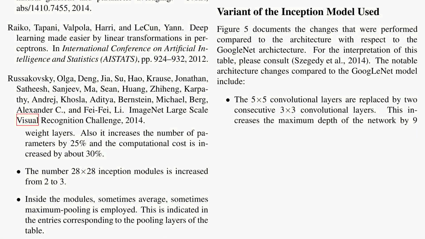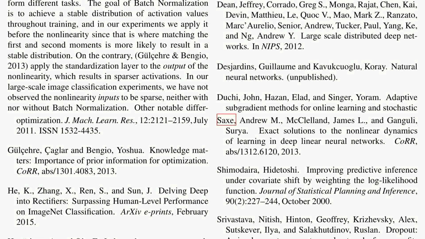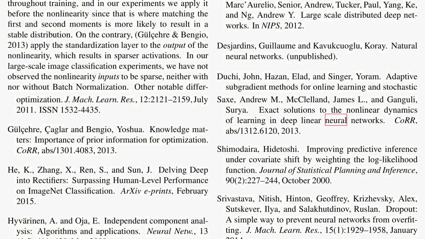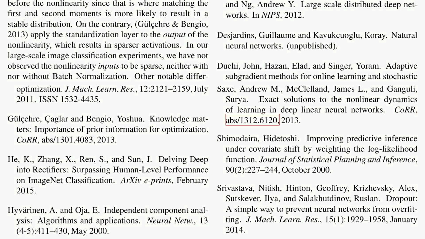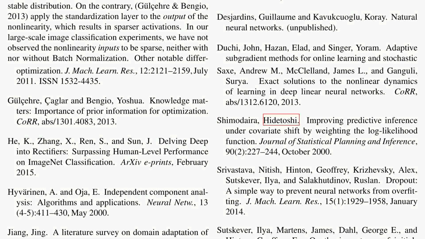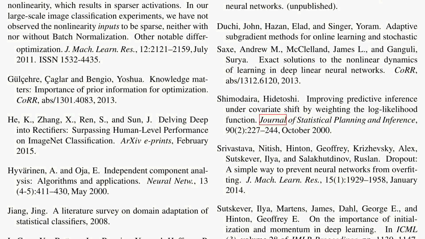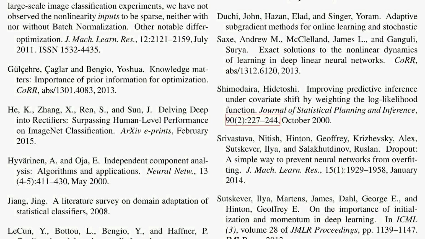ImageNet Large-Scale Visual Recognition Challenge, 2014. Saxe, Andrew M., McClelland, James L., and Ganguli, Surya. Exact Solutions to the Nonlinear Dynamics of Learning in Deep Linear Neural Networks. CoRR, abs/1312.6120, 2013. Shimodaira, Hidetoshi. Improving Predictive Inference under Covariate Shift by Weighting the Log-Likelihood Function. Journal of Statistical Planning and Inference, 90(2):227-244, October 2000.